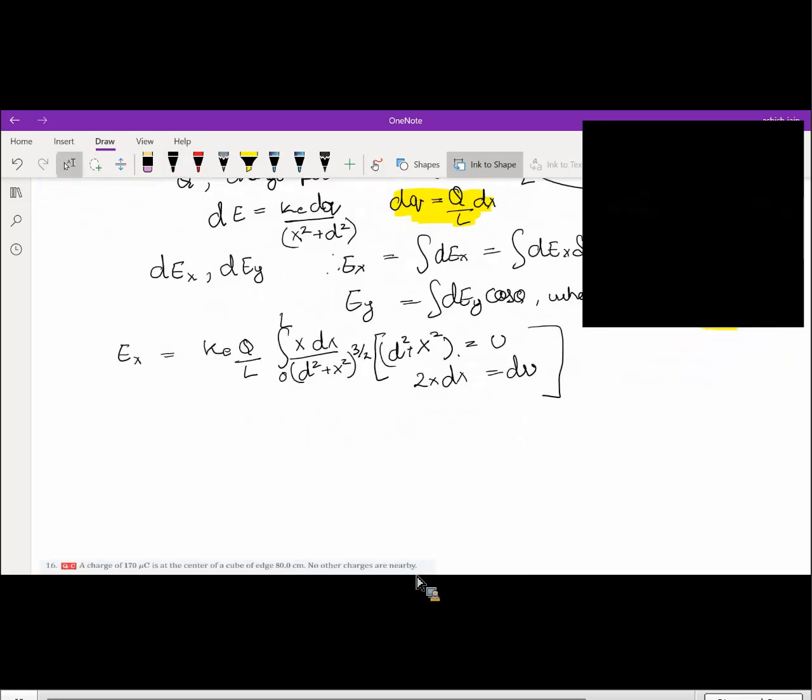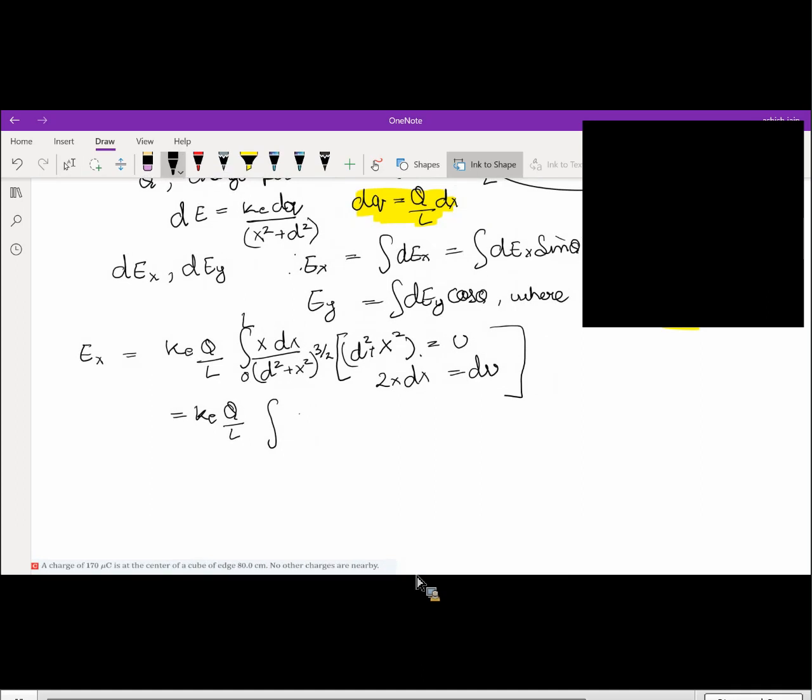You substitute that here, you get k e Q by L du by u, and you get the factor of 1 by 2 here. Then you can solve it further.